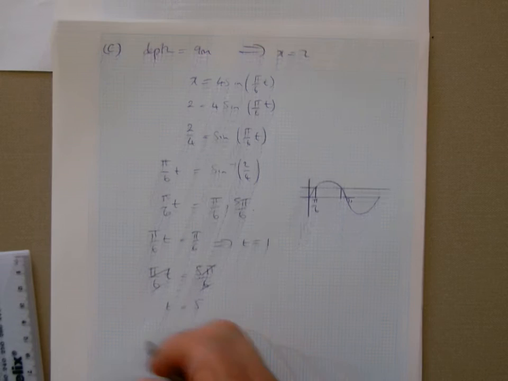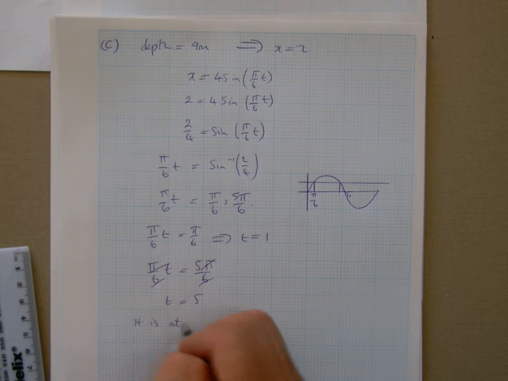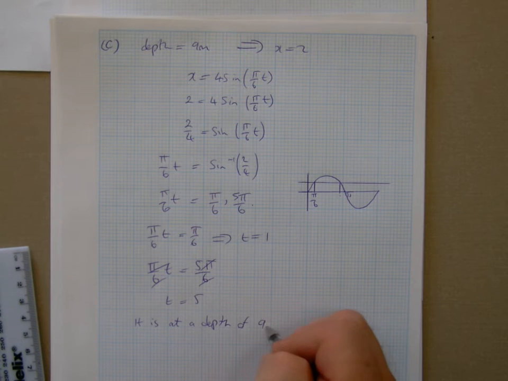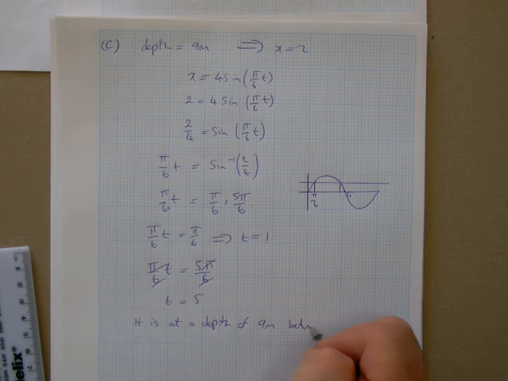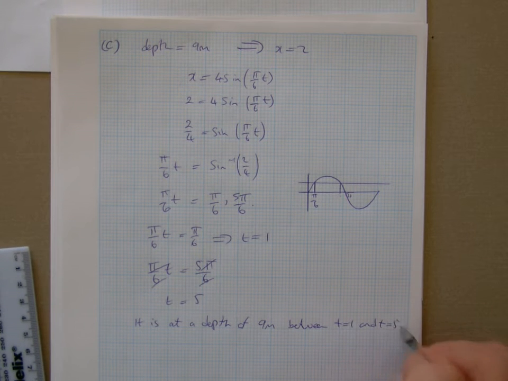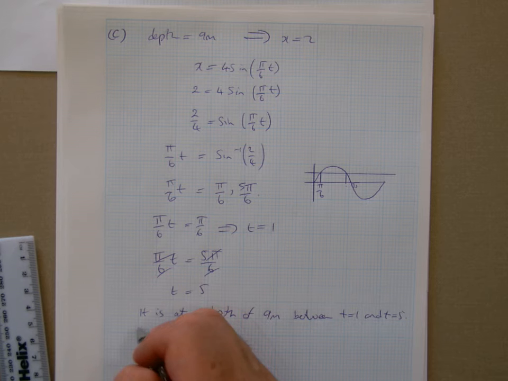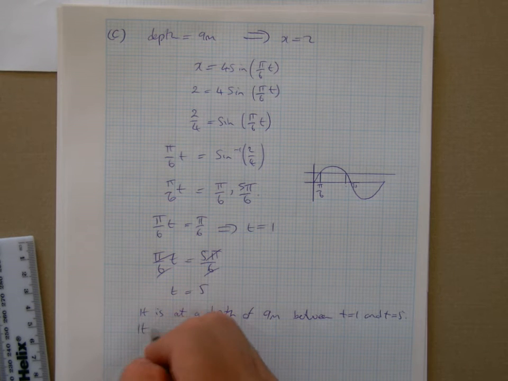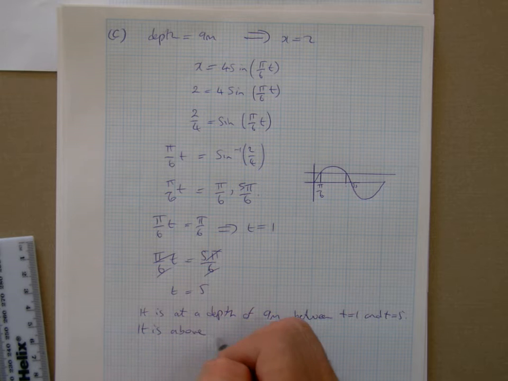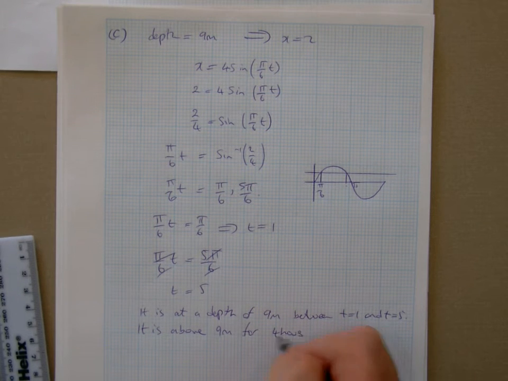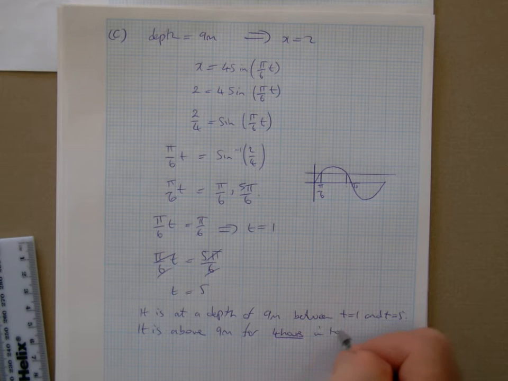So the depth is 9 metres between t equals 1 and t equals 5. For it to be above 9 metres, that gap is 4 hours. So it is above 9 metres for 4 hours in total.